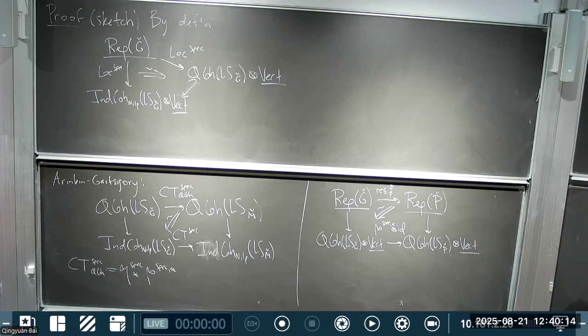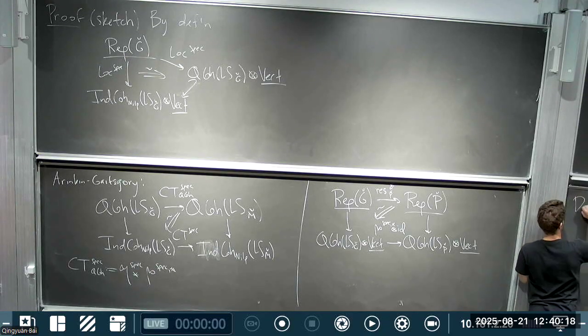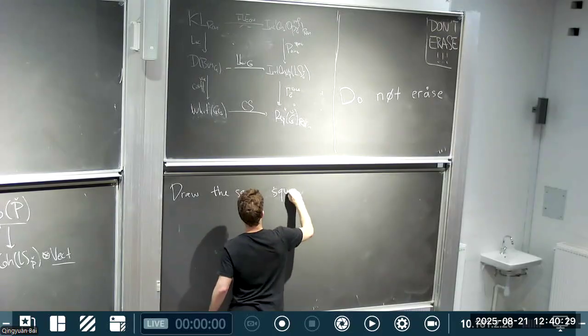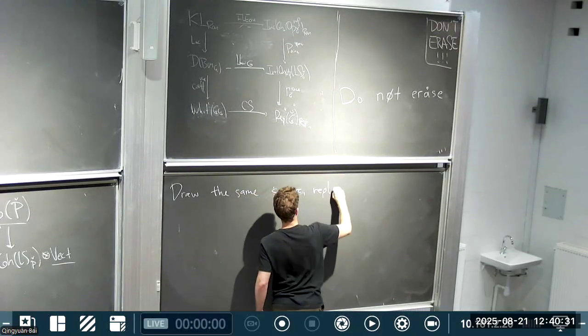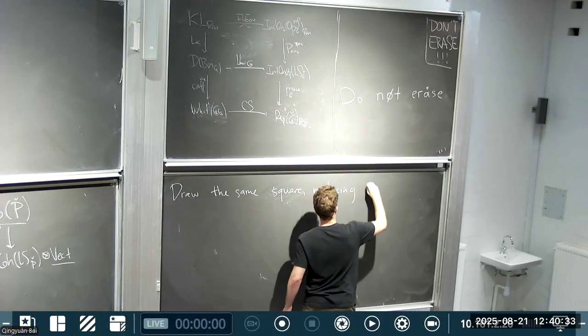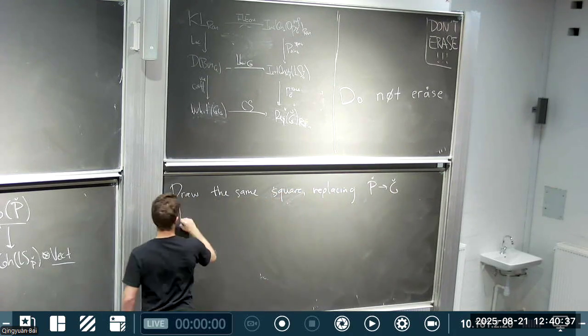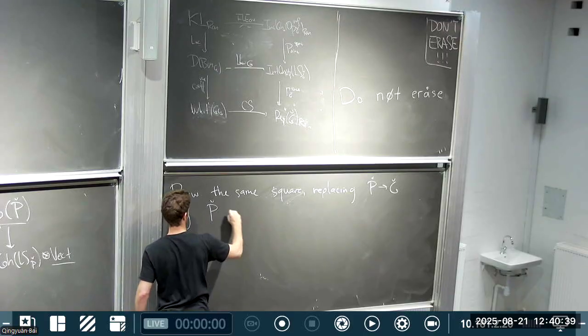Okay, so save my wrist. So draw the same diagram, same square, replacing the inclusion of P check into G check by the projection from P check onto M check.